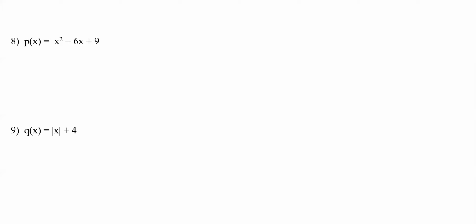Number 8 isn't either of those two, so we know the domain is all real numbers. You can substitute any number in for x, and it can produce a real number. And number 9, same thing. It doesn't meet either one of the two conditions for restricting the domain, so the domain is all real numbers.